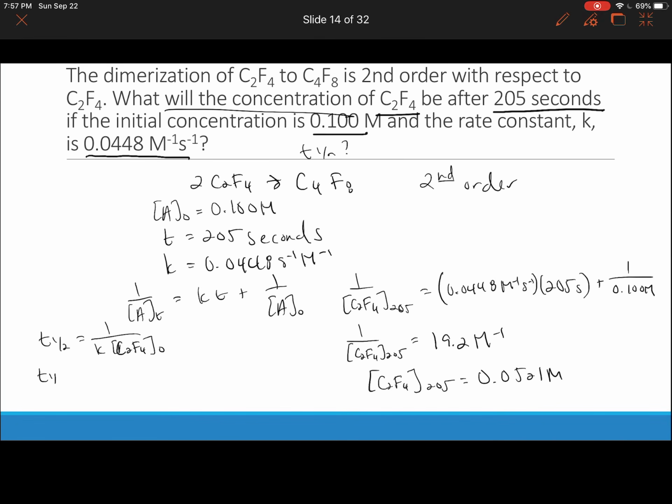So T1/2 is equal to 1 over 0.0448 molarity^-1 seconds^-1, times our initial concentration of 0.100 molar. We get a T1/2 equal to 223 seconds. Okay. Fantastic.